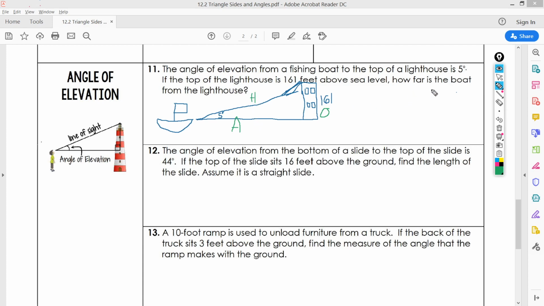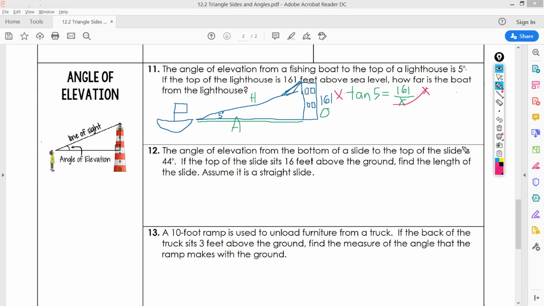What do they want to know? How far is the boat from the lighthouse? So we want to know this distance right here. So this is O and A. That's a TOA situation. That's tangent. So tangent of 5, because that's my angle, is equal to O over A, which is 161 over A, which I'll just call X. So to solve for X, I multiply both sides by X first.